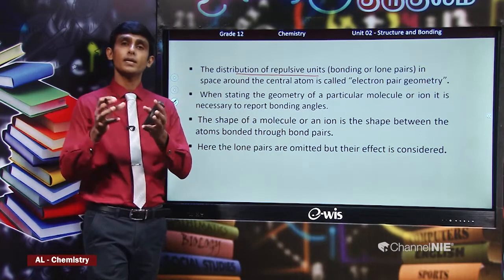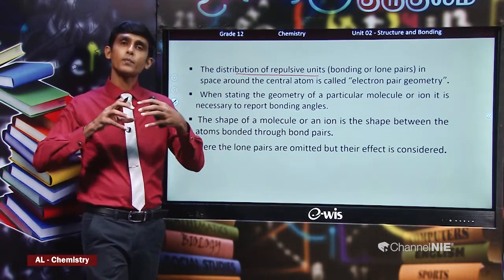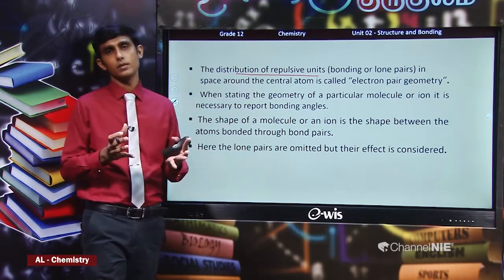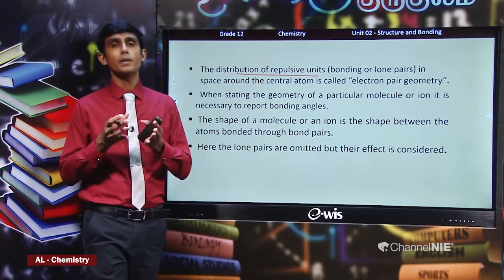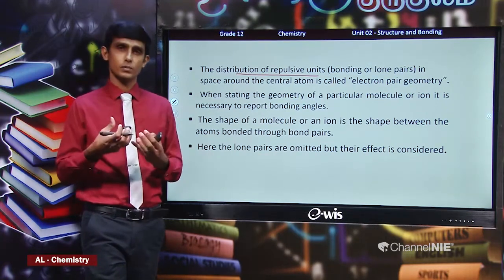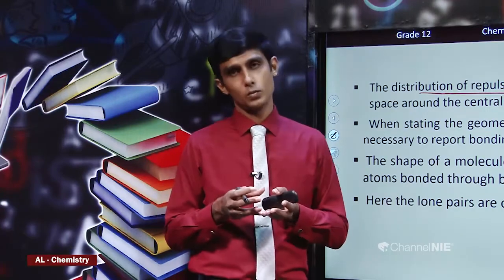By calculating the number of VSEPR pairs, you can find what type of an arrangement between these VSEPR pairs is possible. So, we are going to discuss those possible electron pair arrangements. Based on that, we are going to discuss what are the possible shapes.